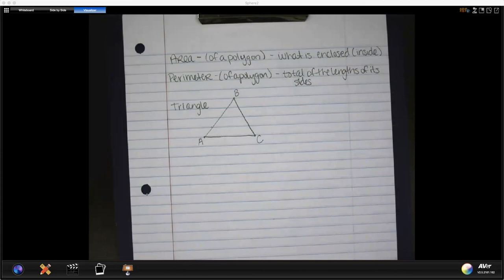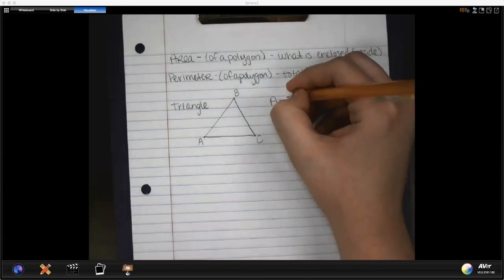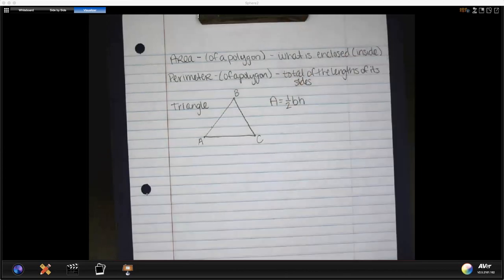Ever heard of it? It's okay if you don't. Some people may, some people don't. Maybe you'll know this one. So area is half the base times the height. Area is half the base times the height.